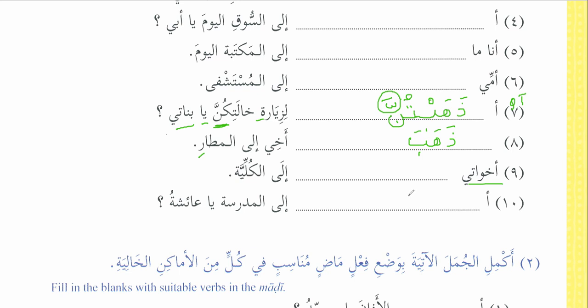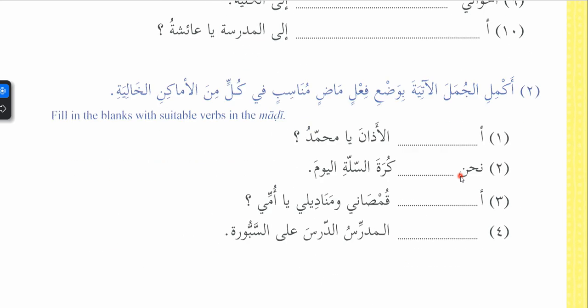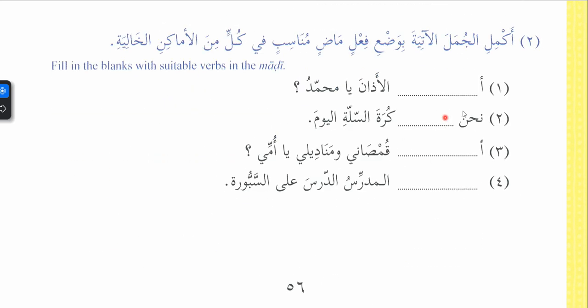And for that, we need to have the previous structure of the mutakallim and mukhatib, that is dhahab, ba with sukun. And now you know why we need this structure, because we are using noon niswa, the feminine plural damir in the ghaib. So this is our main damir. So this is the structure that you will be using with the noon niswa. Now, inshallah, we'll do all the exercises like this. Now, I think it is easier for you to follow the damirs and the structure.